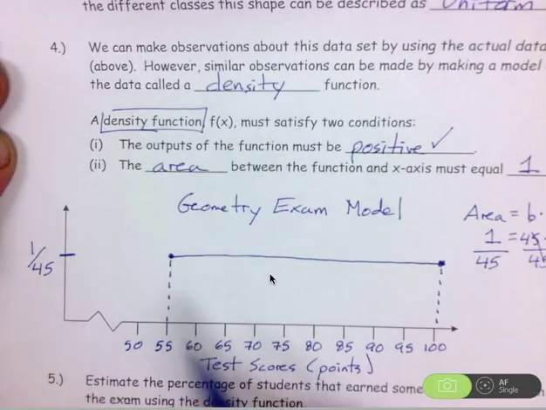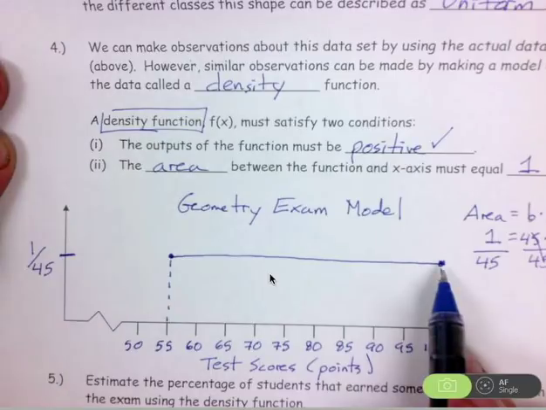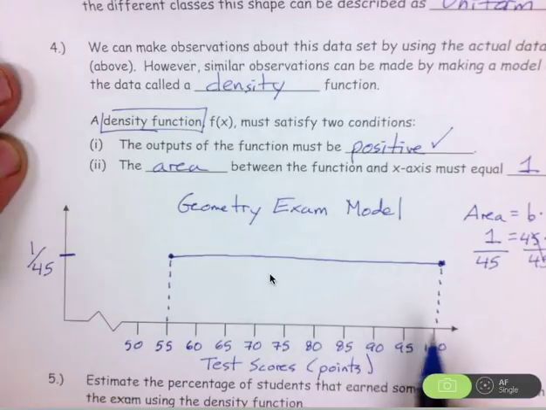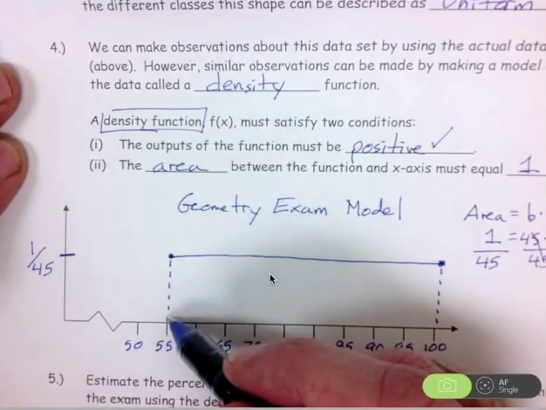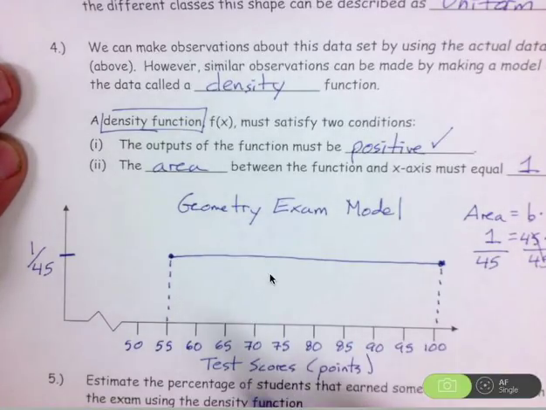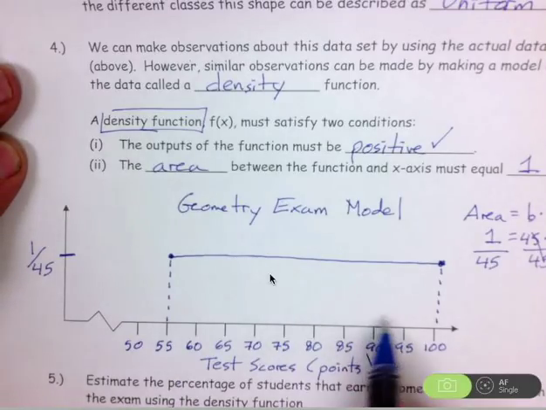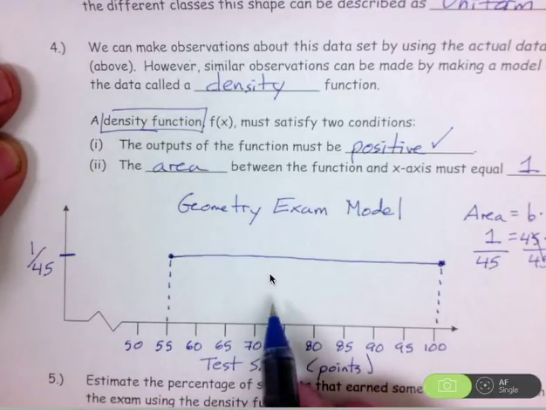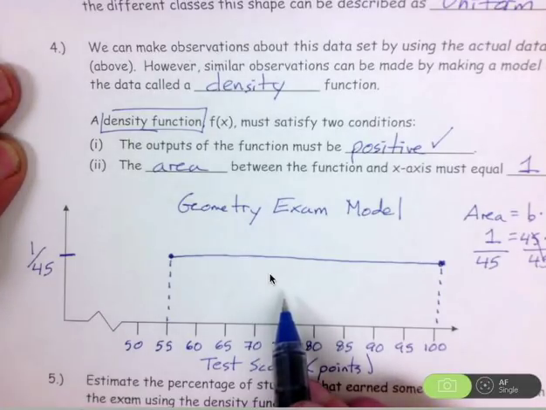So every y value here is at a height of 1 over 45. Literally, if you take 45, the base, times 1 over 45, the height, you get 1. And remember, the area under this curve is 1, which represents 100% of our data. So now areas under the density function can represent percentages of observations in our data set.